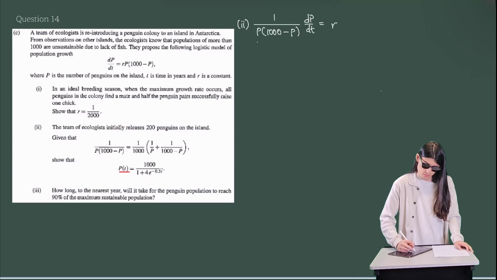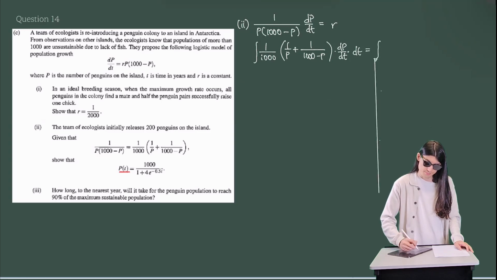So integrate 1 over 1000 times 1 over p plus 1 over 1000 minus p, with respect to t, that's equal to the integral of r. Now we know from part I that r is equal to 1 over 2000, don't we?